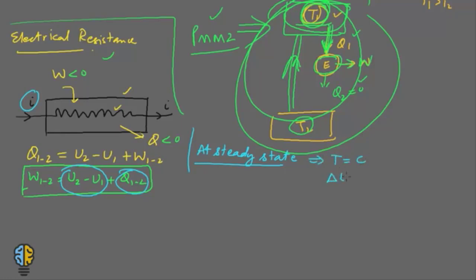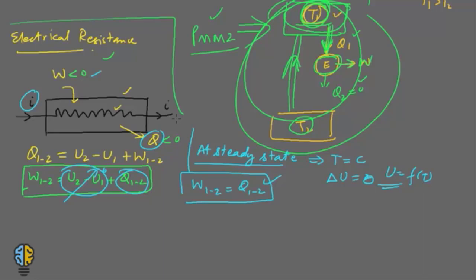So the delta U value becomes 0, because U is a function of temperature, isn't it? So the equation is reduced to this. Whatever work we supply is converted into an equal amount of heat. Whatever work you supply, everything is then rejected as heat.